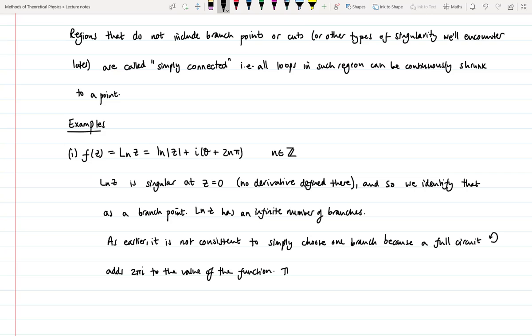And of course, this takes you to the next branches. For example, that would mean that the complex logarithm of the number 1 could be 0 or 2 pi i or 2n pi i, depending on which branch you've ended up on.